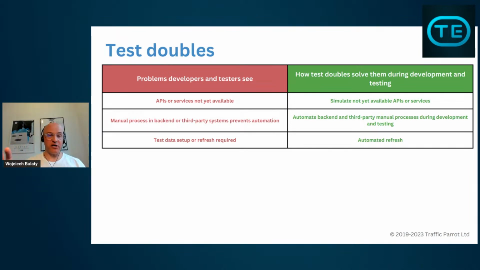Test doubles help you here because they're under your control. You can put anything you want in those test doubles and have the test data set up or automated refreshes just because they're under your control.